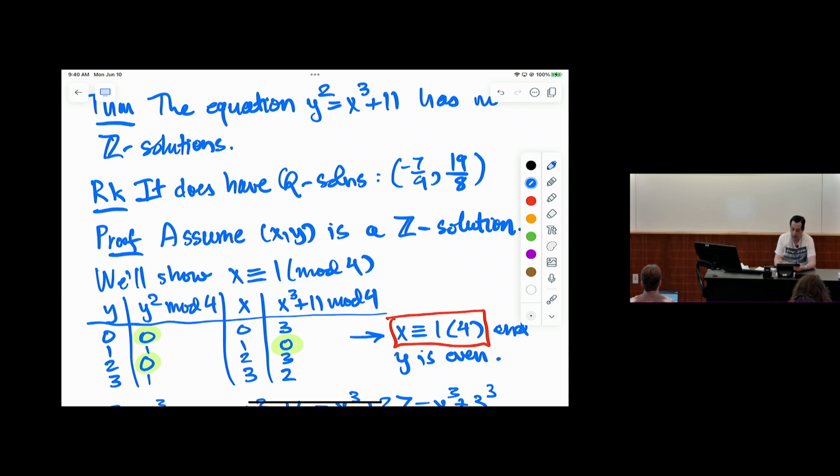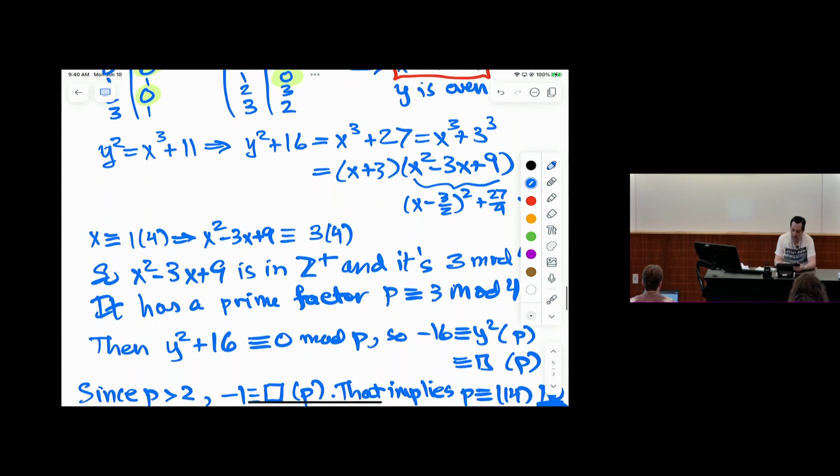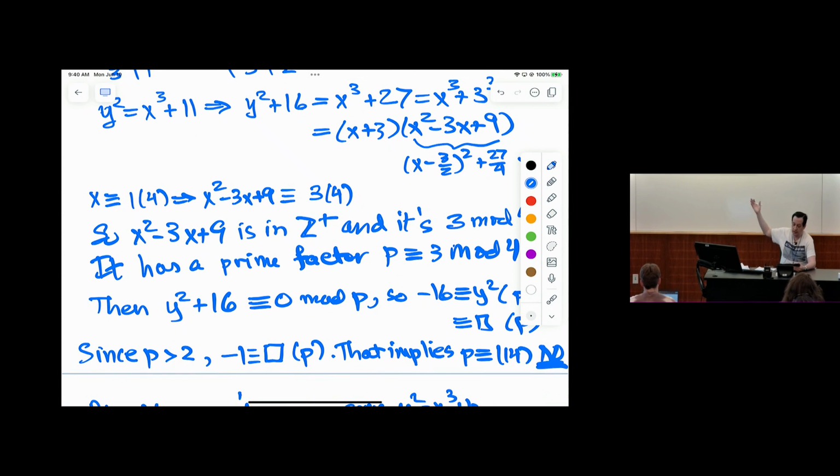So, yeah, if you had a rational solution, well, here the right side, x squared minus 3x plus 9, is a positive integer that's 3 mod 4, so it has a prime factor that's 3 mod 4. If x was merely rational, with odd numerator and denominator, I guess either the numerator or the denominator has to be 3 mod 4. But it looks like it would get complicated. In any case, there are actually rational solutions, so we're using, but maybe.